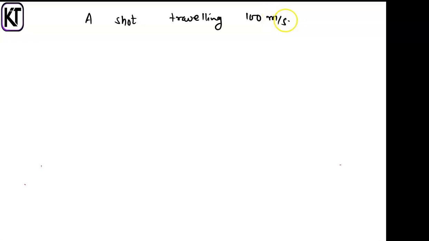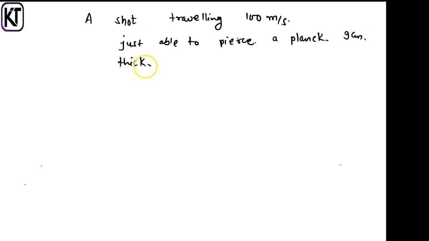It means that its speed is 100 meter per second, and it is just able to pierce a plank 9 centimeter thick. It is just able to pierce a plank which is 9 centimeter thick.